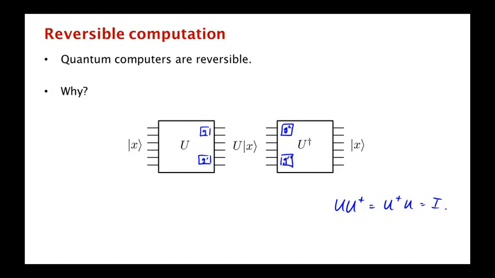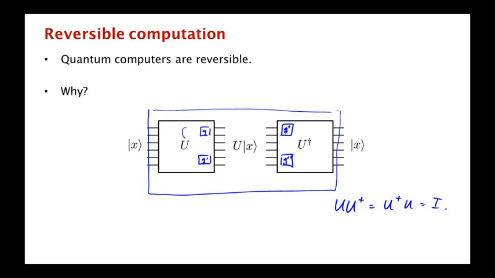And so when you put these two circuits together, this gate annihilates that one, and the next gate here will then annihilate that one, and so on, because each one is a conjugate transpose of the corresponding one.